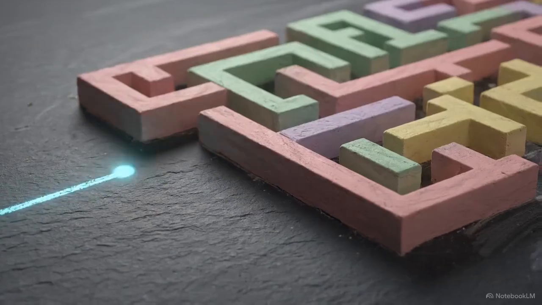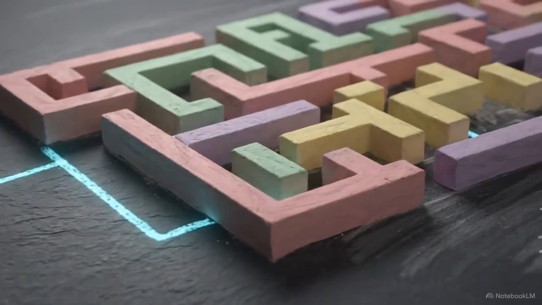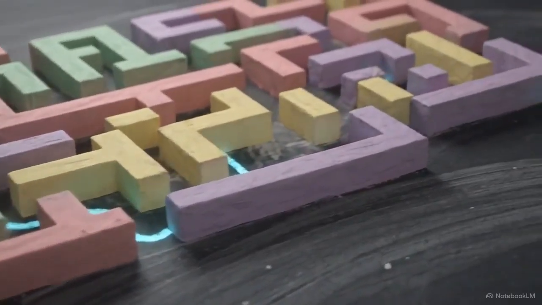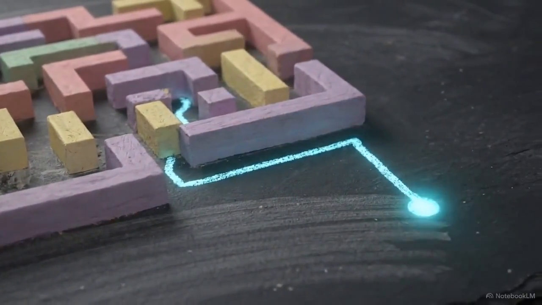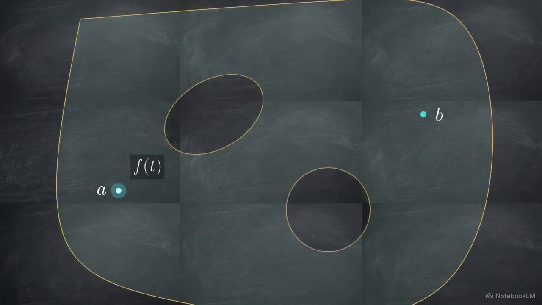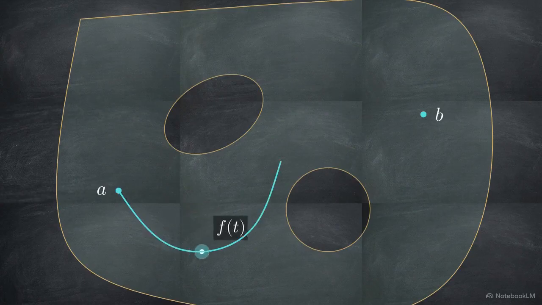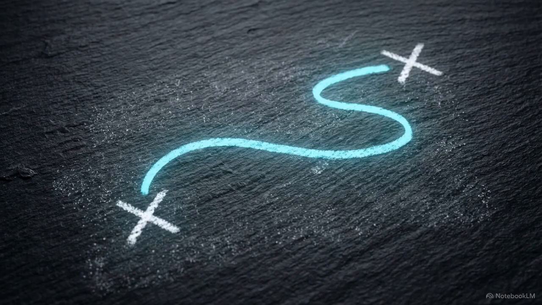But we can apply a second, much stricter equivalence relation. What happens if we demand that a literal, continuous route must exist between the points? Here, a solid continuous line shows this stricter relation. Points are equivalent only if there is a continuous map, a path, joining them from point A to point B. The equivalence classes generated exclusively by this continuous map relation are defined as path components.